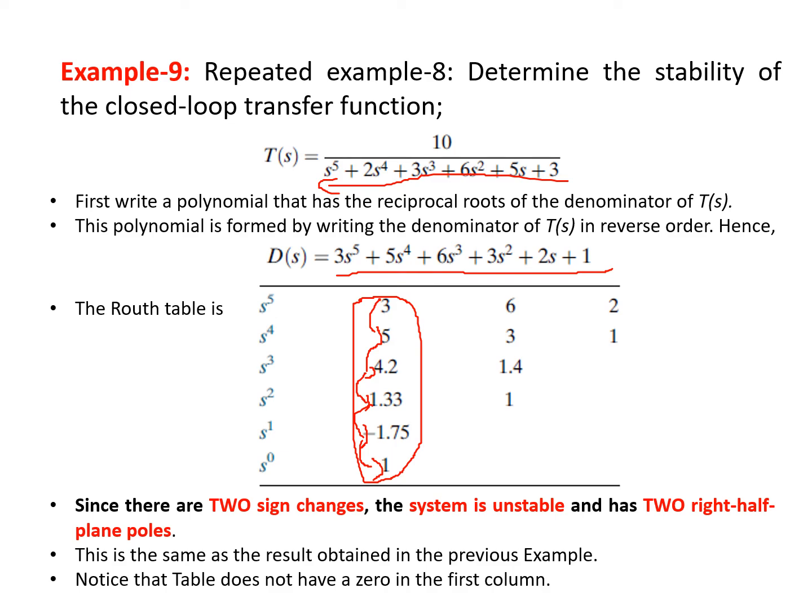So there are totally two sign changes. The system is said to be unstable if you have any sign changes in the first column of the roots array. That is why the system is unstable, and you have two roots which lie in the right half of the S-plane. So we can notice that the table does not have any zero value in the first column if we reverse the equation by taking the reciprocal.